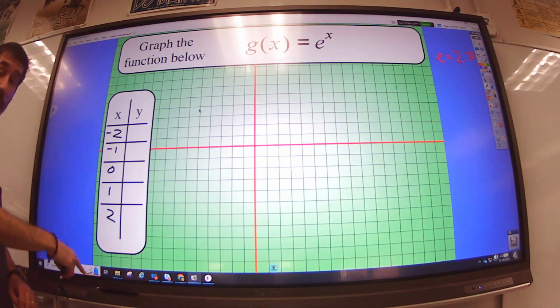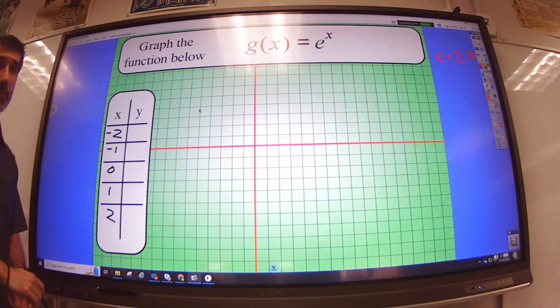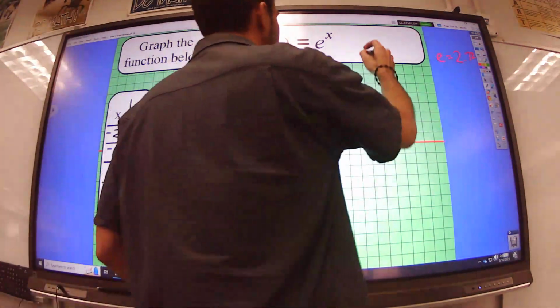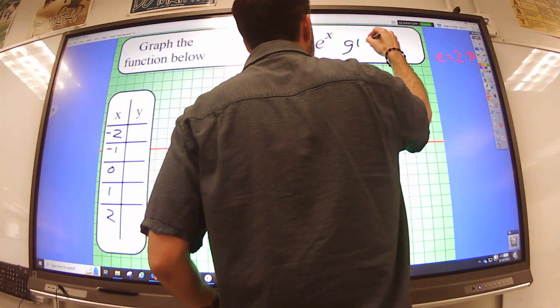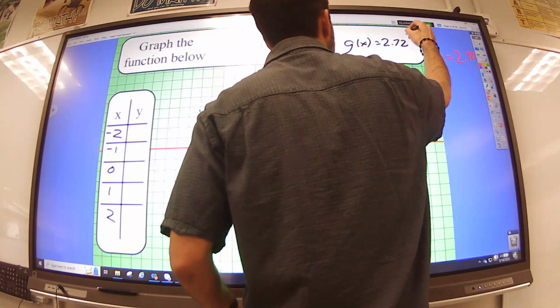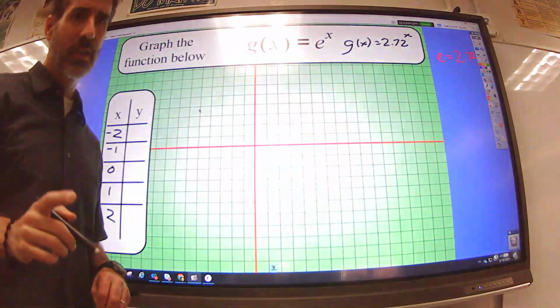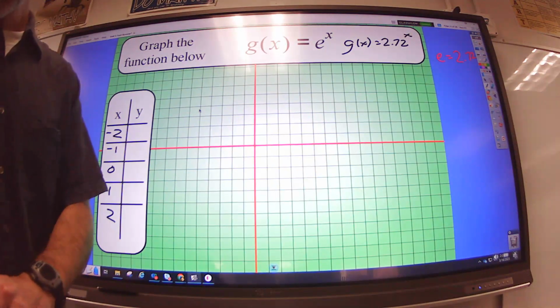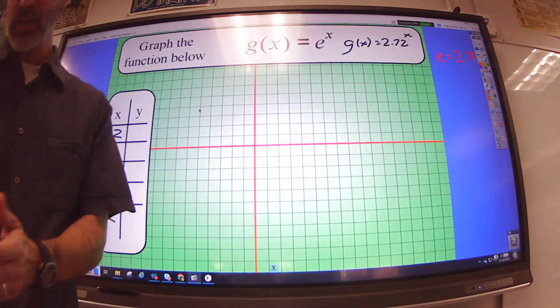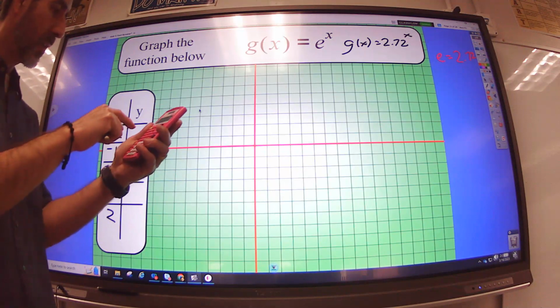You can do that, or you can just punch in your calculator the e button, right? So in your calculator, I'm going to do, see the natural log? Second e, and I'm going to do negative 2. Boom. And I get 0.135.